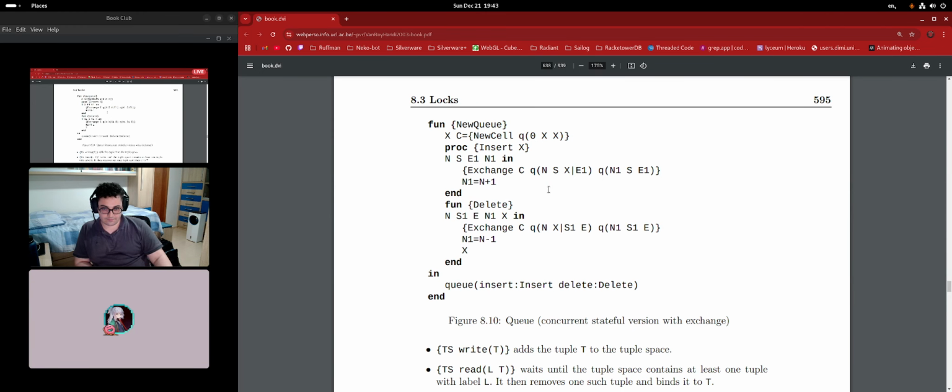The question is why we need to do this after the exchange. We are essentially resizing the queue by using the ends, but these ends are unbound during the exchange process, and that's not good.